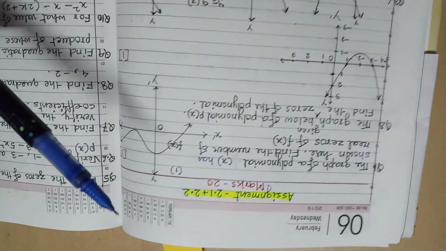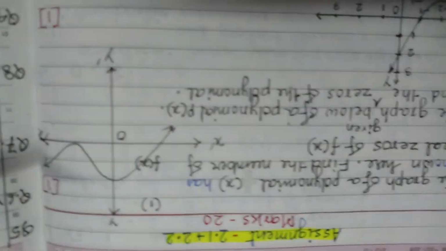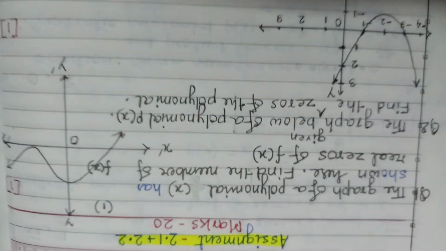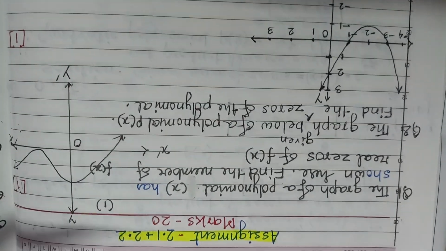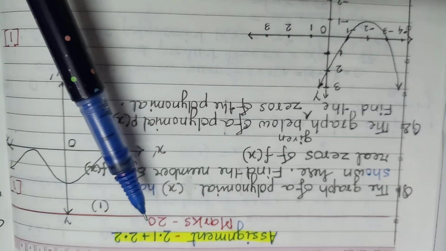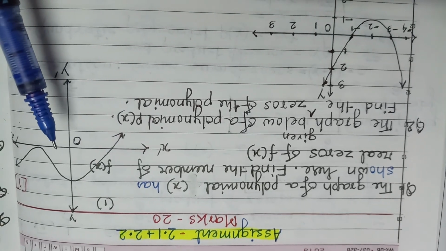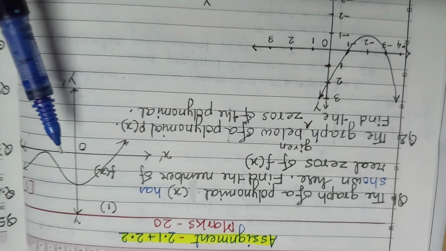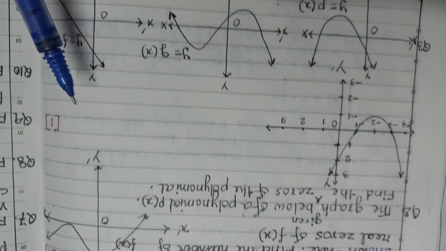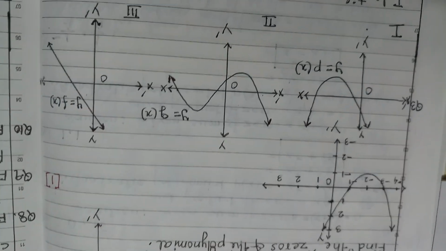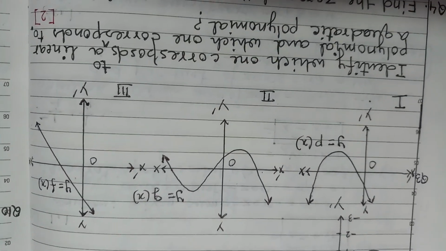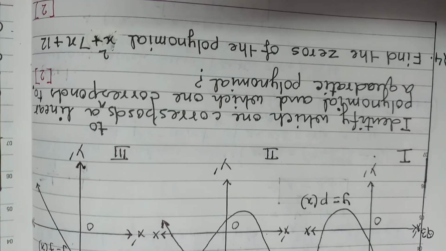Now the exercise is explained whole. Now the assignment I have given of 2.1 and 2.2 together I have given here. Now all the questions you see, slowly I am showing you the page.